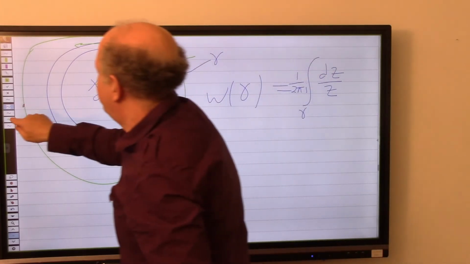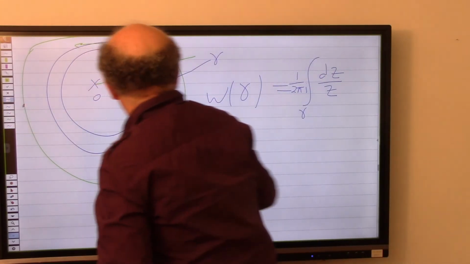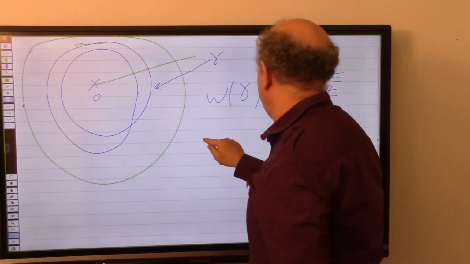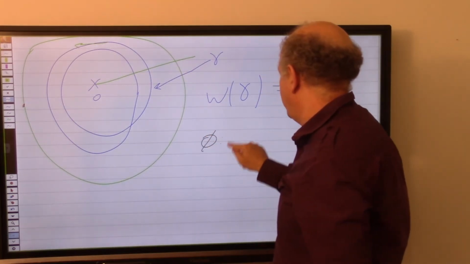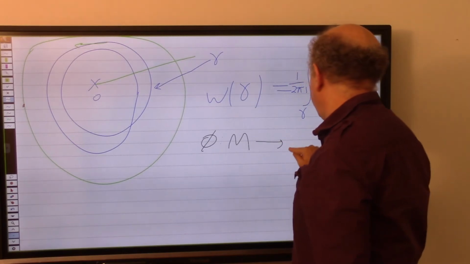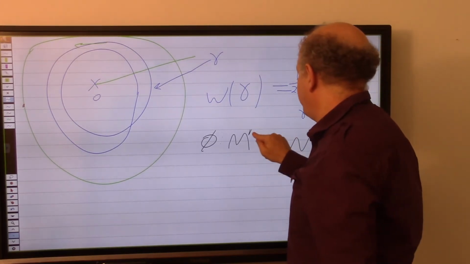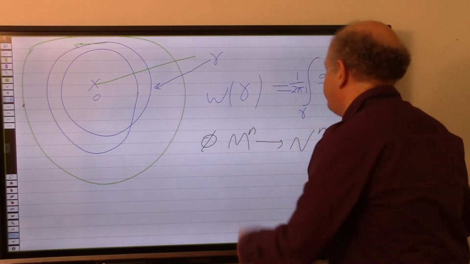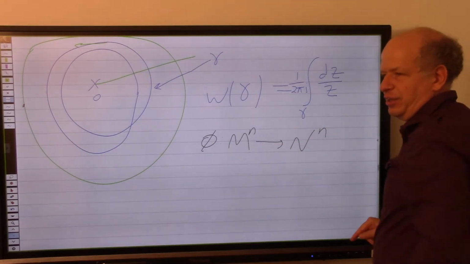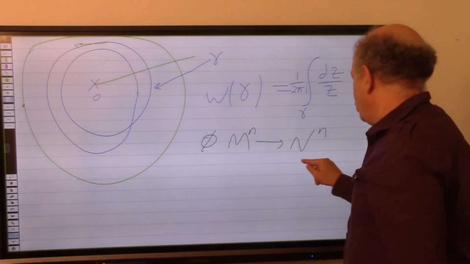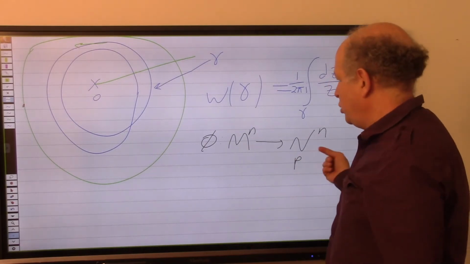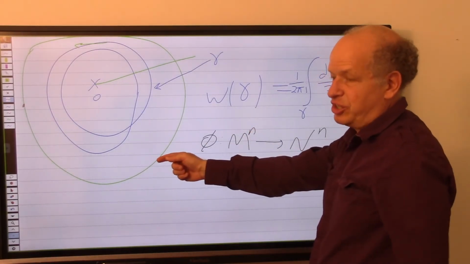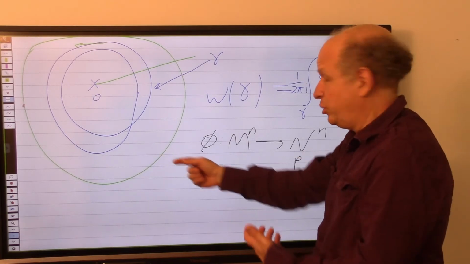And in fact, more generally, if you have a map phi from M to N between two manifolds of the same dimension, and let's say both of them are compact and oriented, and you pick a point in N, and you want to count its inverse images. This is very similar to what we've been doing.